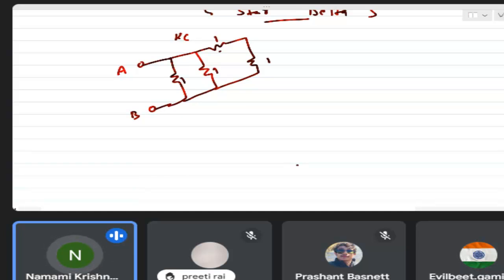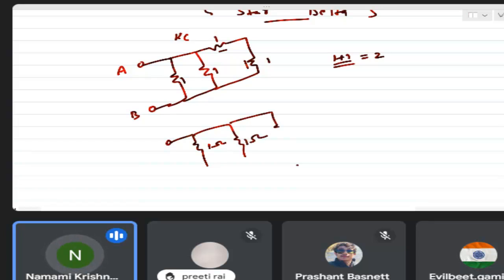You can see this one and this one are in series, so 1 plus 1 is 2. For series connections, resistances are added. So the circuit after solving this step has 1 ohm, 1 ohm, and here it will be 2 ohm. Now you can see this is A, this is B.